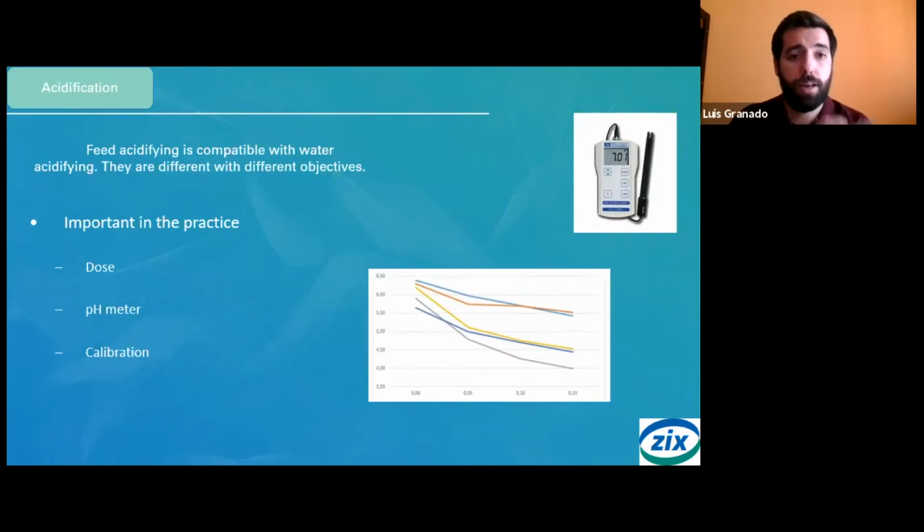So just get the idea that doing one thing doesn't exclude the other one, but they are completely different things. And again, you can do both at the same time. It is very important to know the kind of water that we have, okay? But I will talk about it later on. This way we will know the strategy to follow, the doses that we will need, etc.